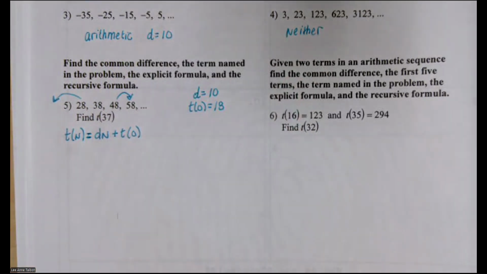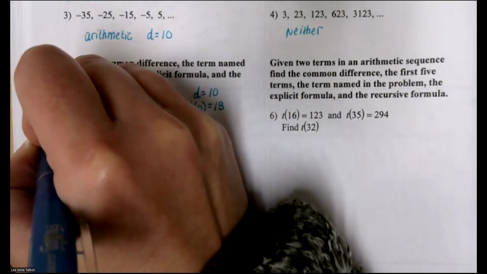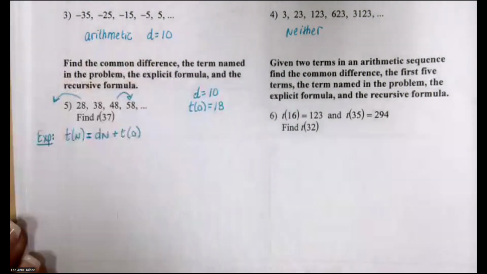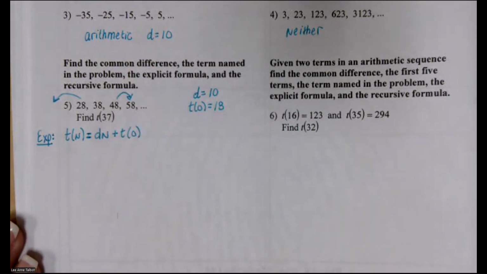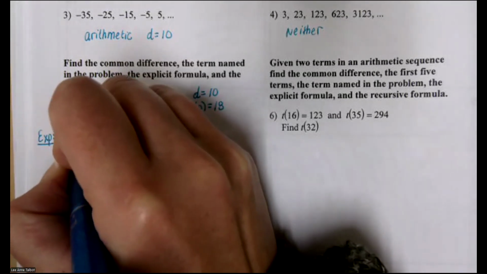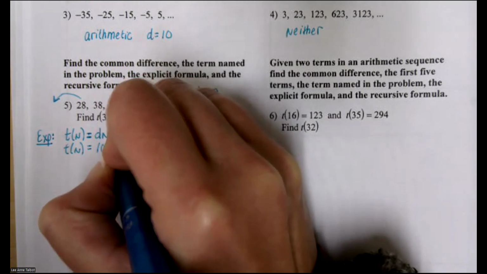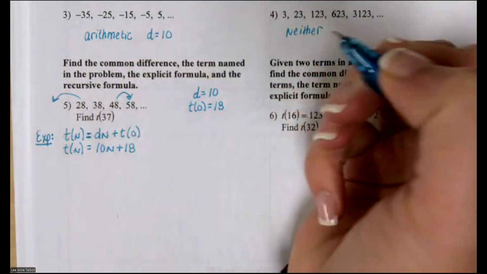Here's the formula for explicit: U of n equals 10n plus 18.